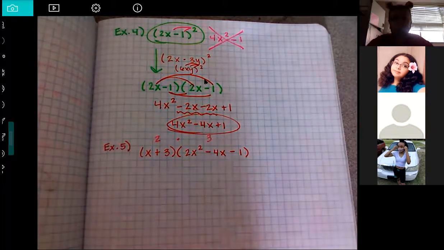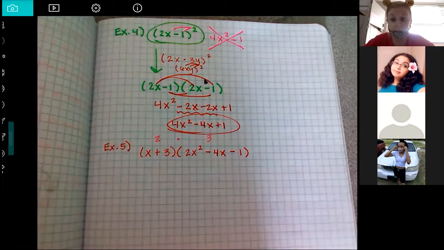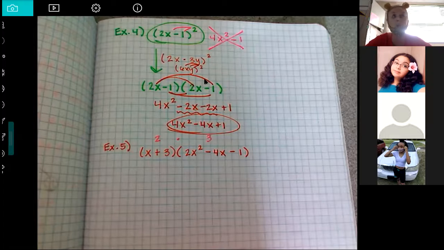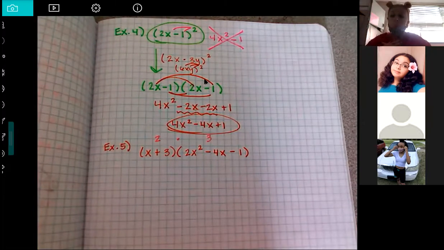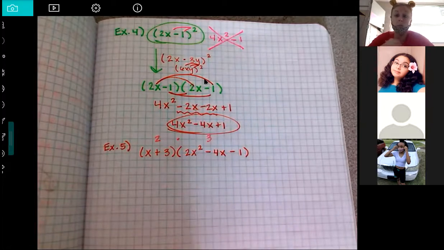We would have to distribute 6 times. If you love distributing, I will show you after I show the box how to distribute 6 times. But I'm being 100% real with y'all. I think the box is easier for these. If you don't like the box, I will show you how to distribute 6 times. But even when you get to math 2 and math 3, we typically do a box for these, okay?